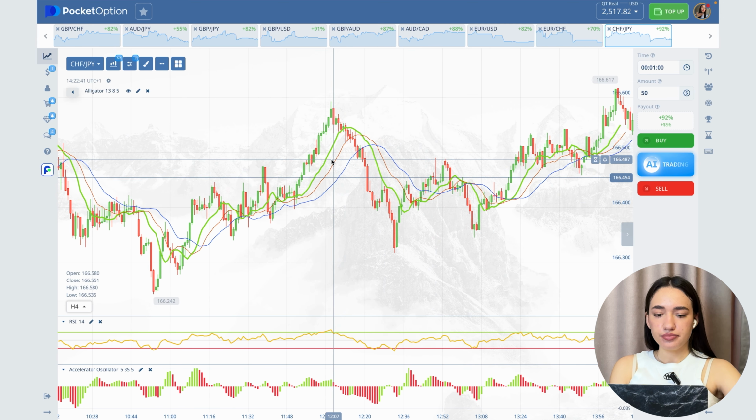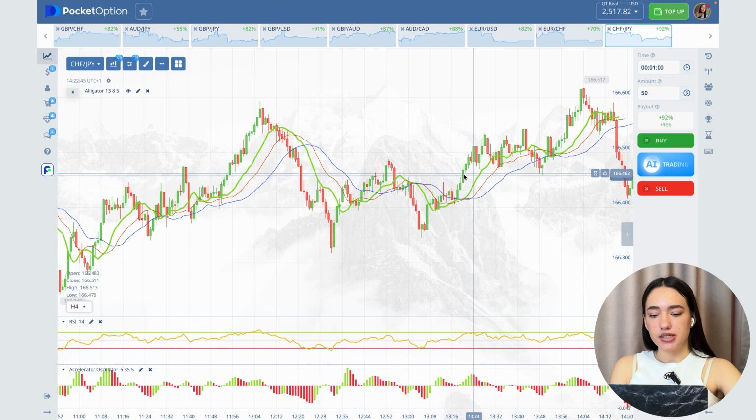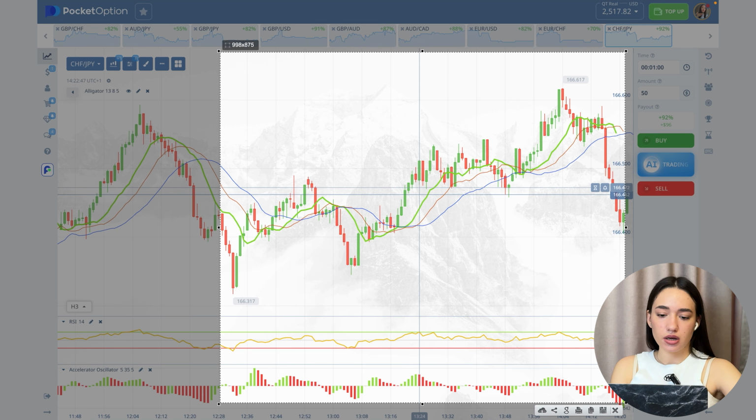And now for call trades, it's the exact same logic, just in the opposite direction. Let's take a quick look at another example. In this case, we see a crossover of the lips with the other lines, and this time from below upward.